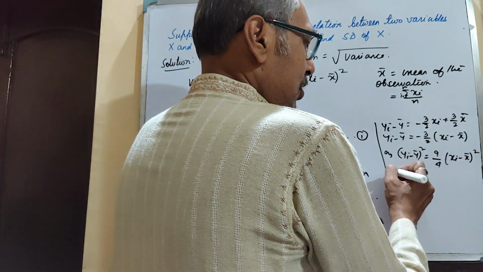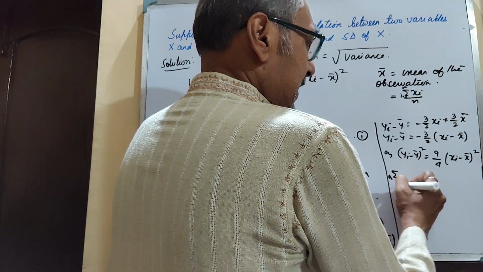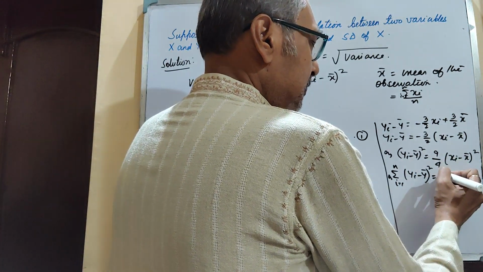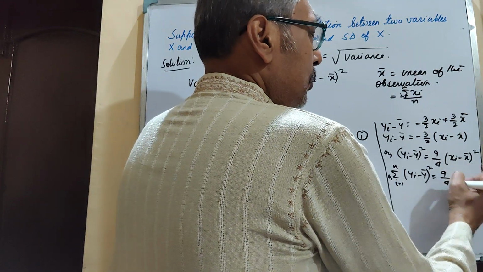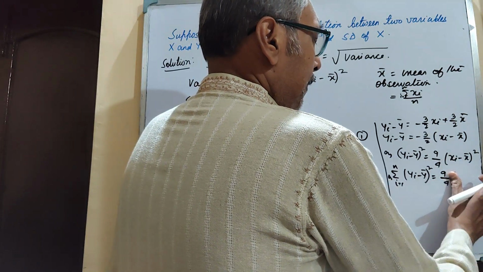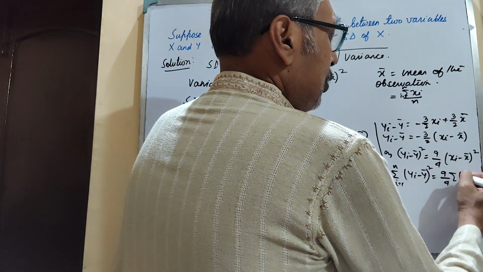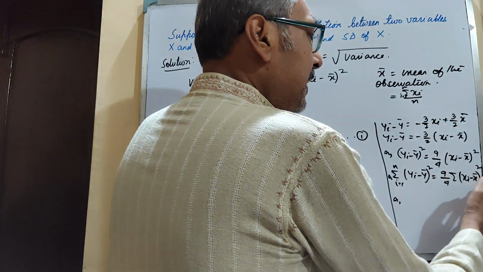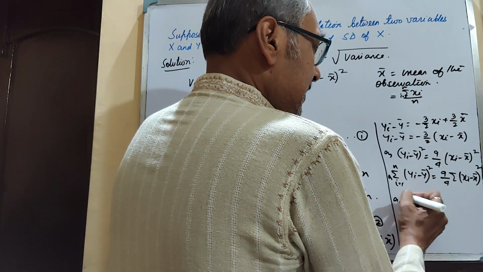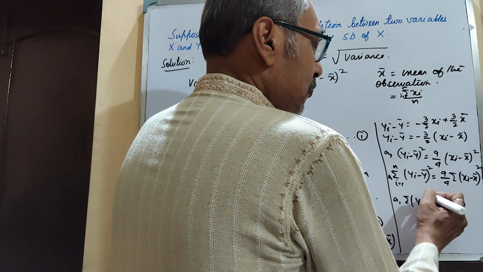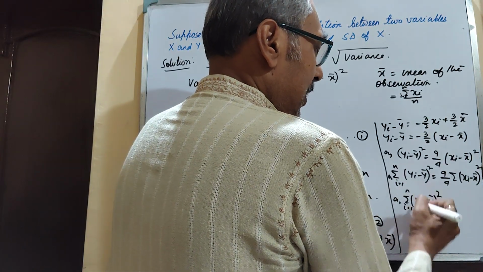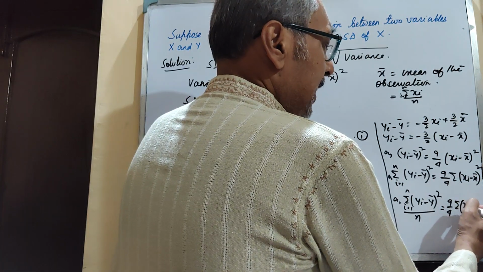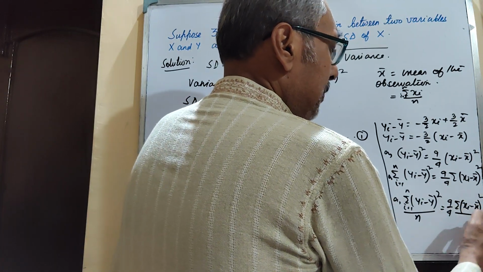Now we take the summation, i running from 1 to n, and divide both sides by n. Summation of (yi minus y bar) whole square by n equals 9 by 4 summation of (xi minus x bar) whole square by n.